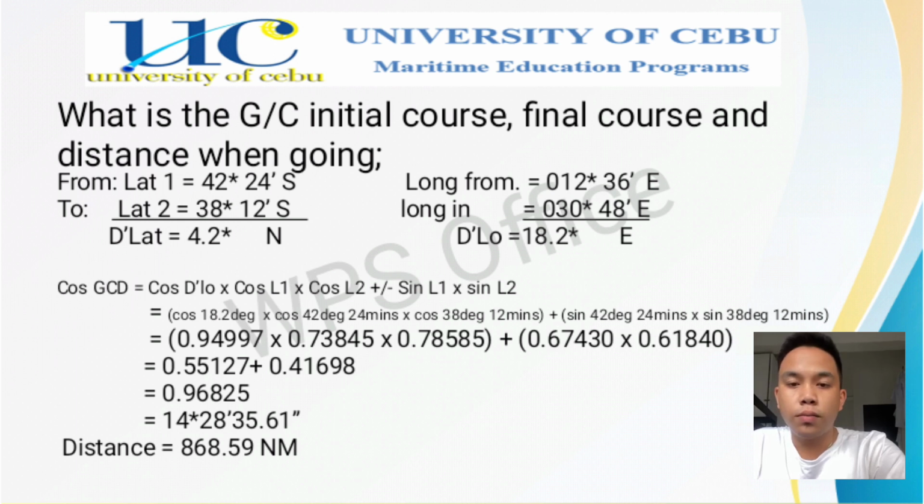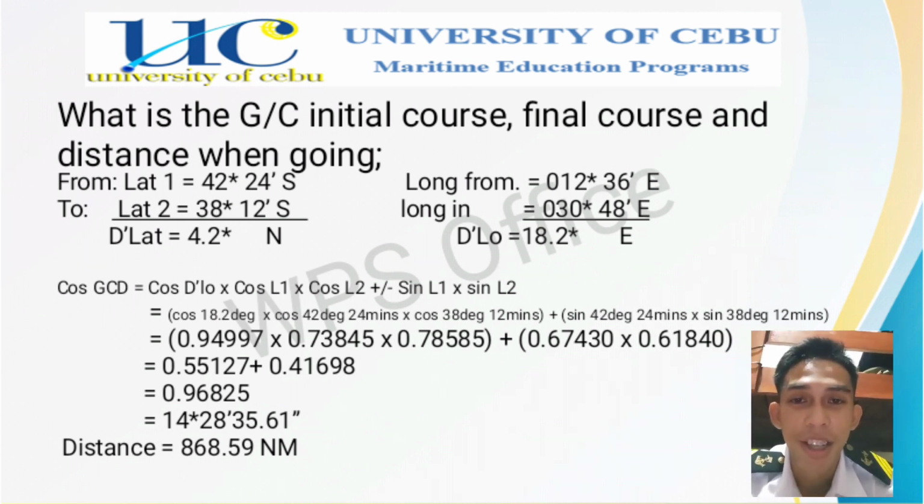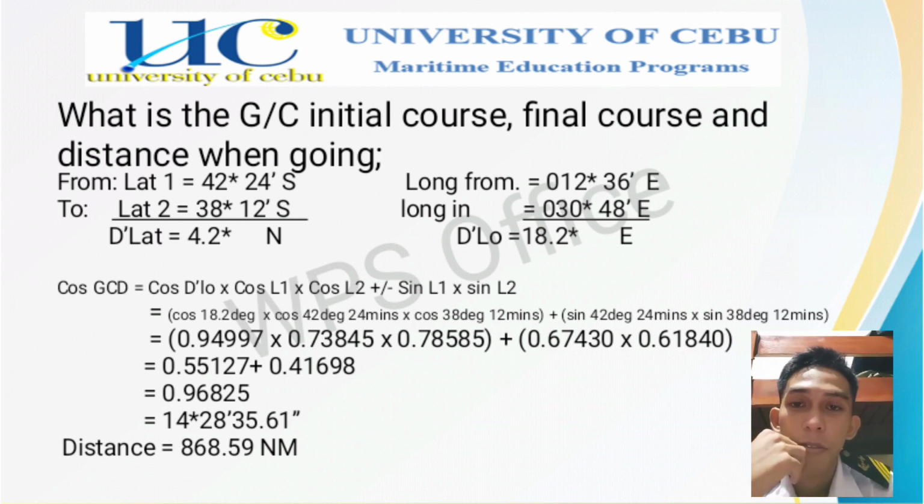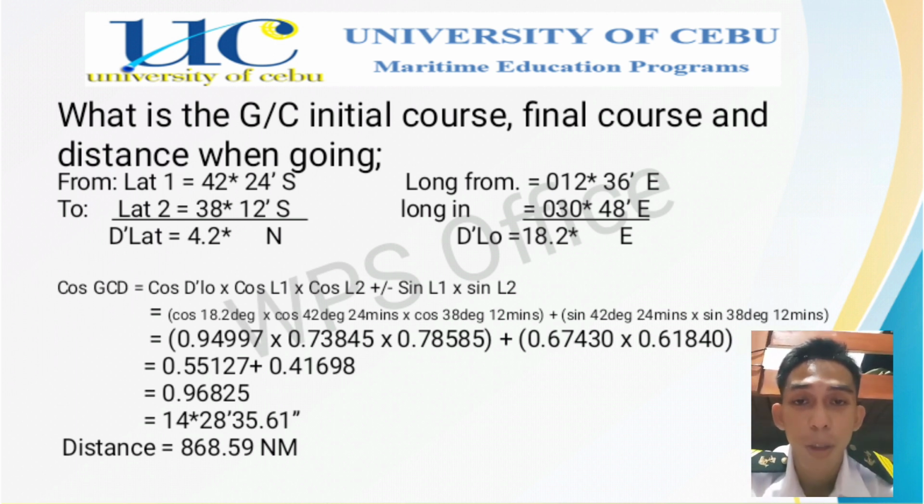So that's all. Good day, I am the cadet. I'm going to discuss the great circle initial course. First, we must know the formula, which is cos GCD equals cos D-long times cos L1 times cos L2 plus or minus sin L1 times sin L2.